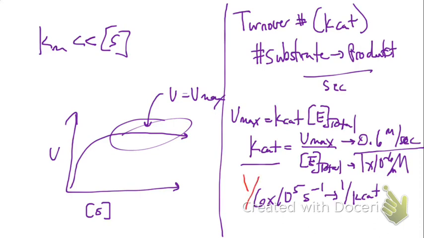When you do 1 divided by that number, you get 1.7 times 10 to the negative 6 seconds, or 1.7 microseconds. Right, so it takes carbonic anhydrase 1.7 microseconds to turn a molecule of substrate into product.